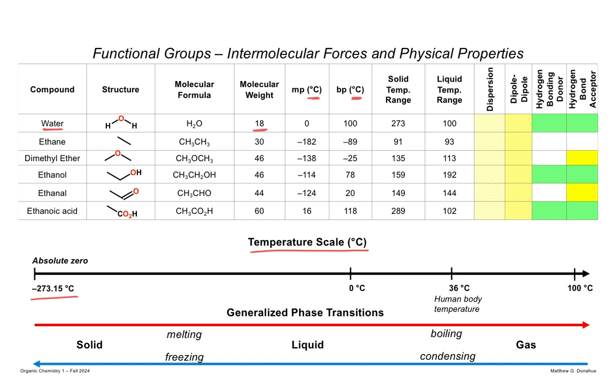The human body, we're at about 36. So we're 11 degrees above room temperature. Below that scale, I have the red arrow pointing to the right. That means as you move that way, you're adding heat.